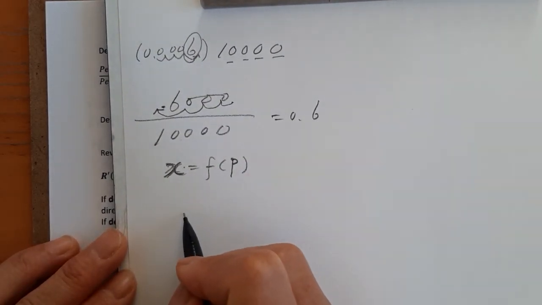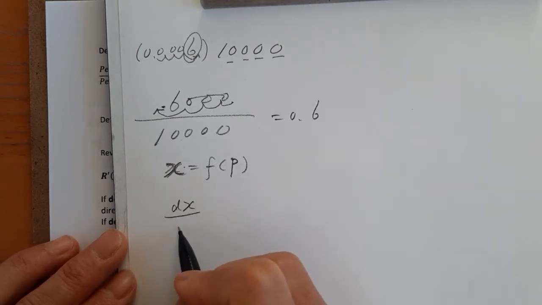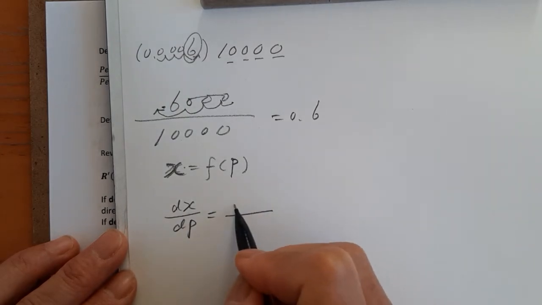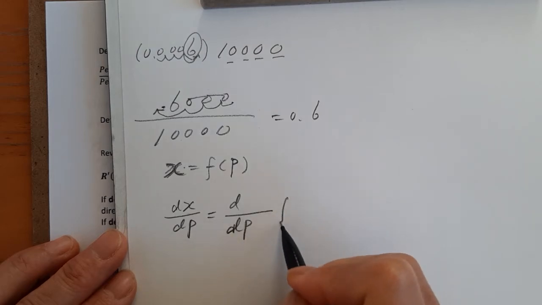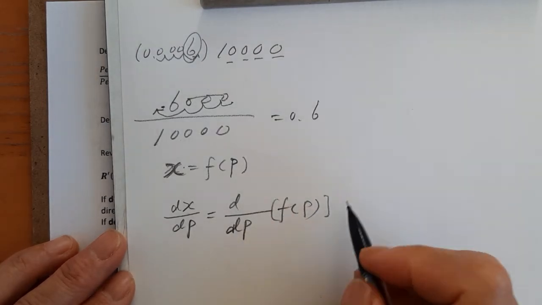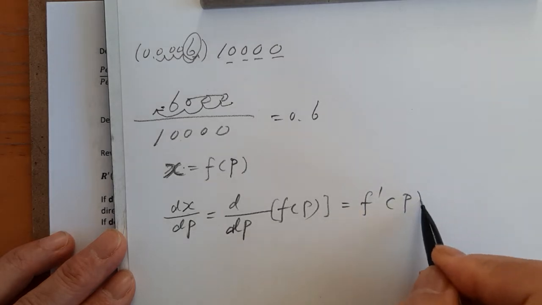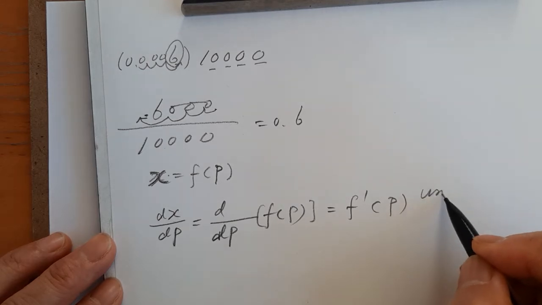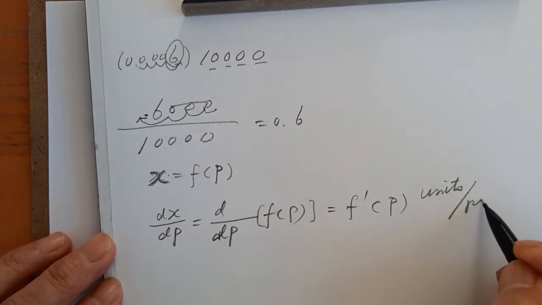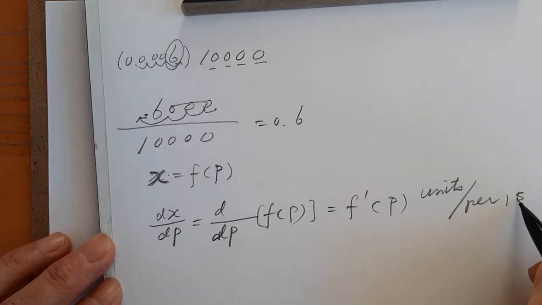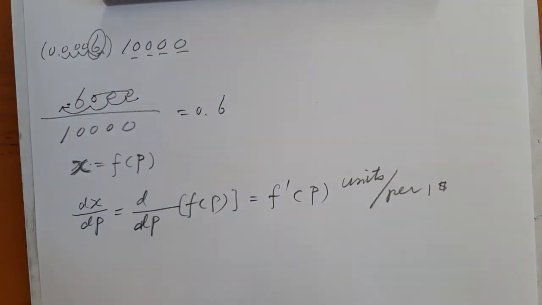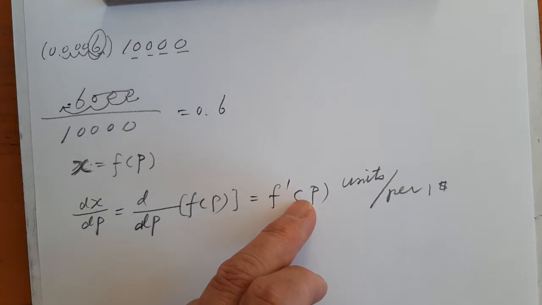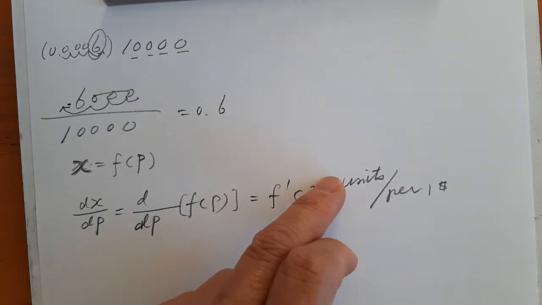Now, what is dx/dp, which is df/dp? Taking the derivative, abbreviated, is f prime of P. What is f prime of P? It is how many units per $1 change. The denominator is price: for a $1 price change, the units will change by how many units.